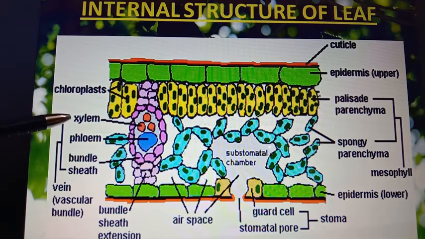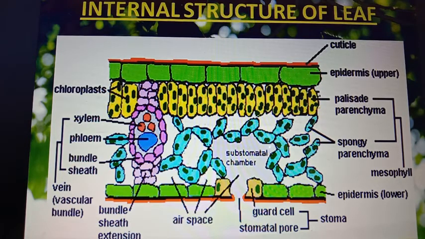So what is the function of xylem? Xylem cells bring water and minerals to the leaf cells, and phloem transports the photosynthetically produced food away from the leaf cells to the rest of the plant parts. These vascular bundles also provide support to the leaf.